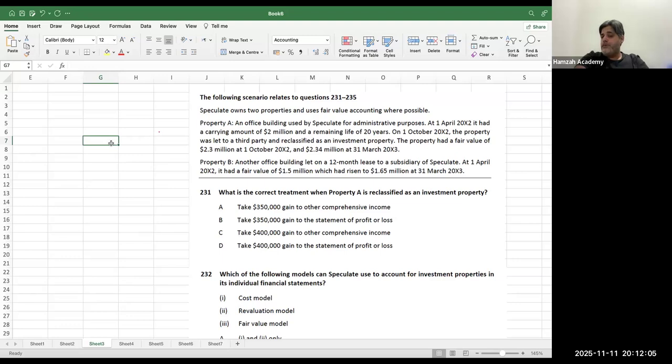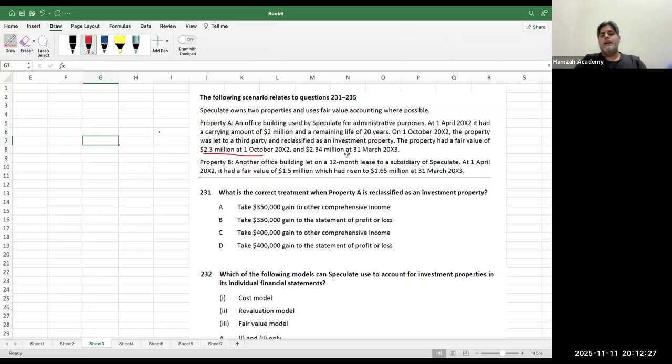On 1st October 20x2, the property was let to a third party and reclassified as an investment property. The property had a fair value of 2.3 million on 1st October 20x2 and then 2.34 million at 31st March 20x3.